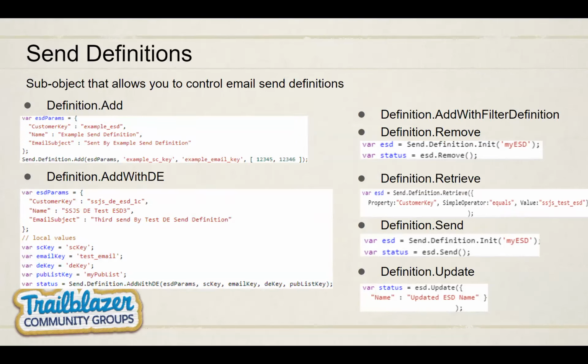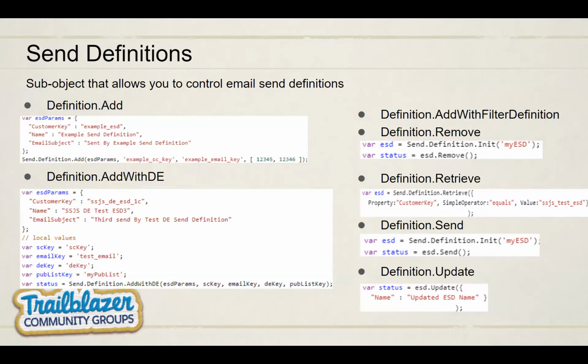The add with DE function adds a send definition that incorporates a sendable data extension. And that's similarly with the definition on your right here, now the definition add with filter definition function. So this function adds a send definition that incorporates a filter definition.